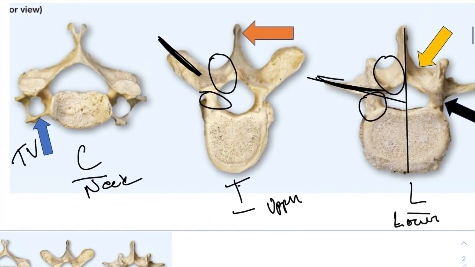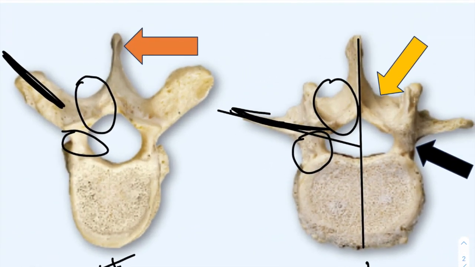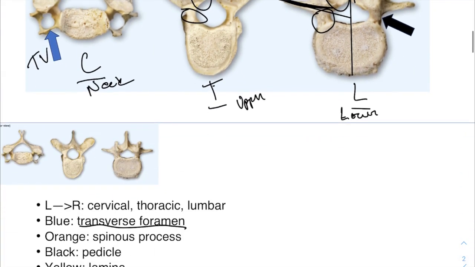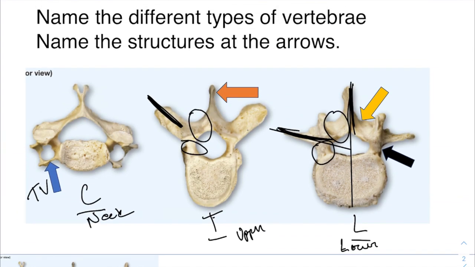So the one in between the transverse process and the spinous process, you guys know that part is the lamina, which is indicated by the yellow arrow, and then the black part, which is in between the transverse process, is shown here. This is the vertebral body.